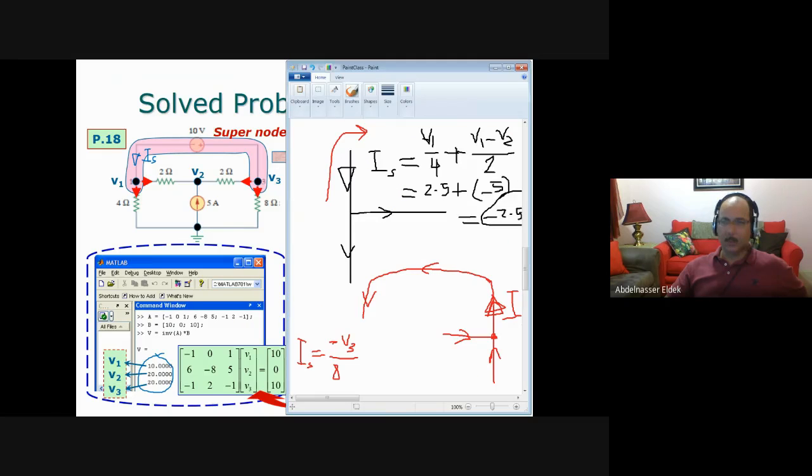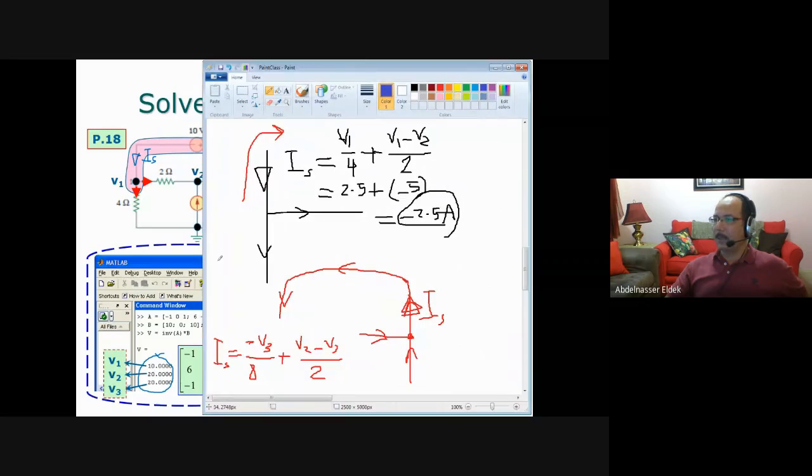Plus the second current, which is going from V2 to V3. So it will be V2 minus V3 divided by 2.